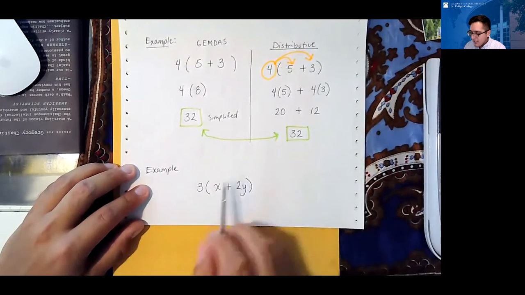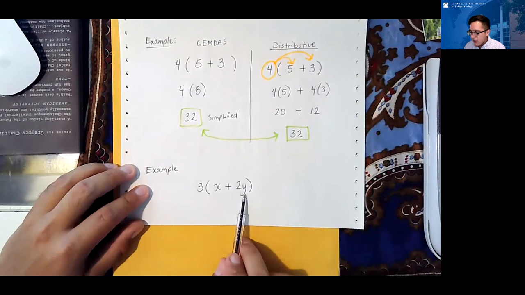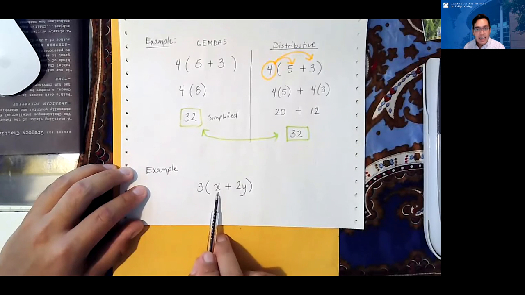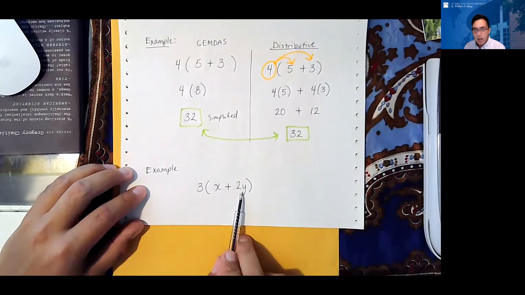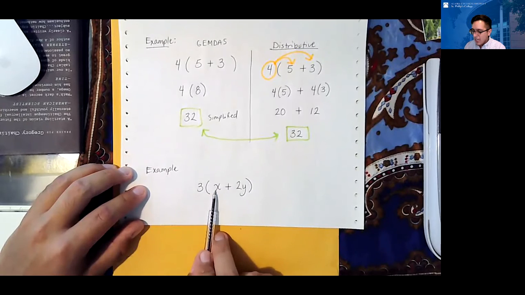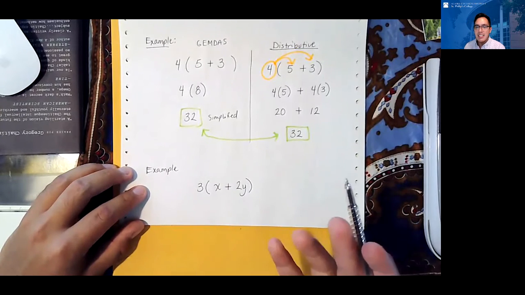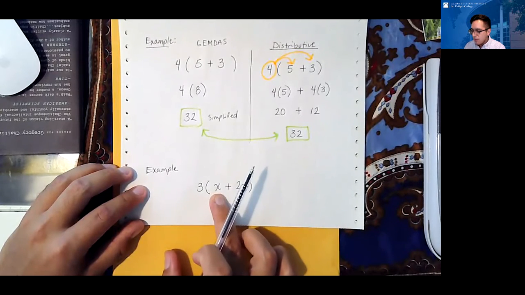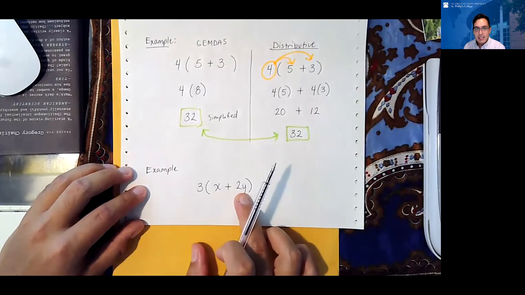And in this case, the variables in here cannot be combined because they're not the same kind of variable. Let's say that x represents apples and y represents bananas. I can't add 1 apple to 2 bananas and say I have 3 bananas. That doesn't make sense.